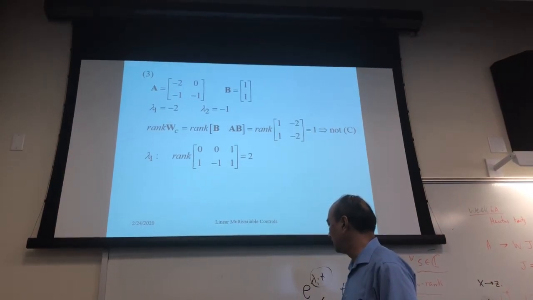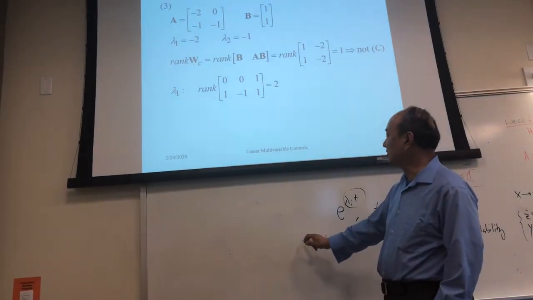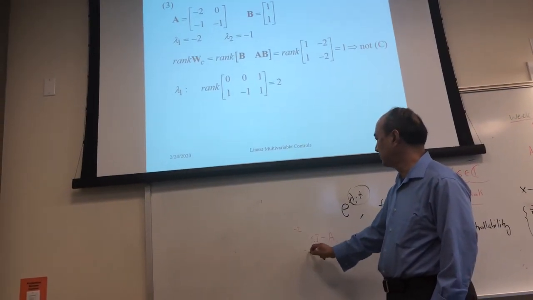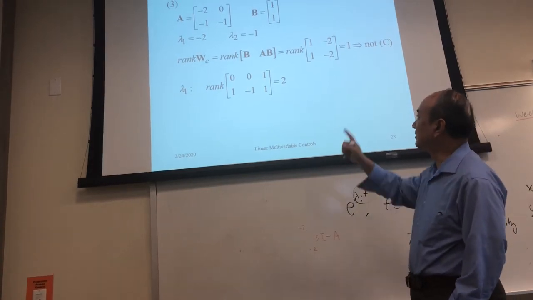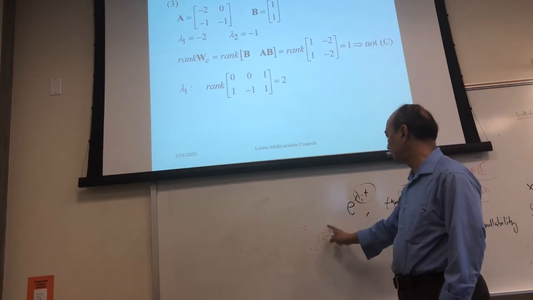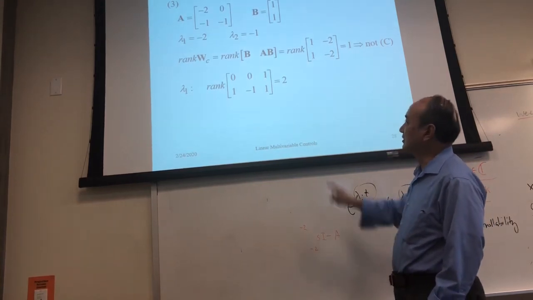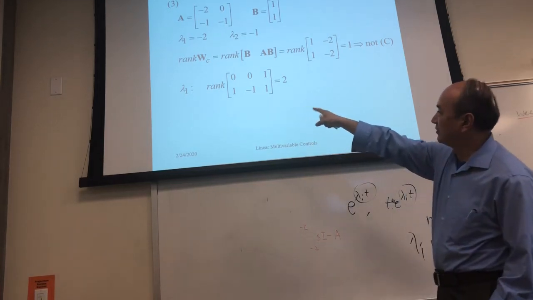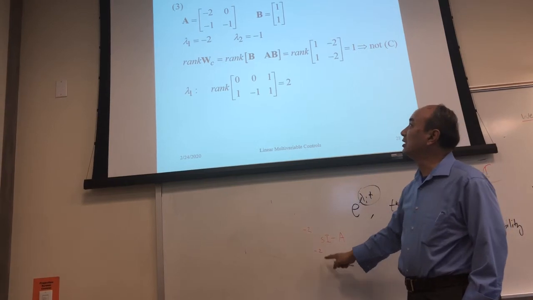So -2 minus 2 is 0. So 0, 0. Then you have a 1 minus 1. So it's -2 plus 1.